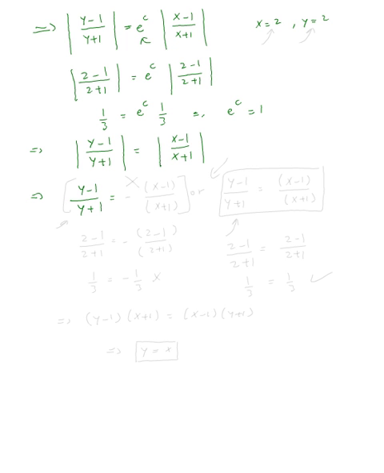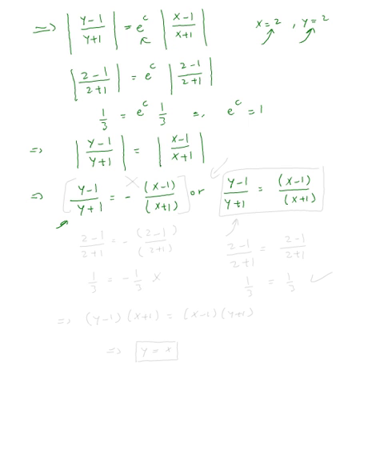So let's write them as: y minus 1 over y plus 1 is equal to minus x minus 1 over x plus 1, or y minus 1 over y plus 1 is equal to plus x minus 1 over x plus 1. But we know the solution is going to be only one of them. So how are we going to know which one is which? Now we go back again to the initial condition to see which one will be satisfied. We plug x equals 2, y equals 2 for each one of them, so it's more work, and see which one we're going to pick.